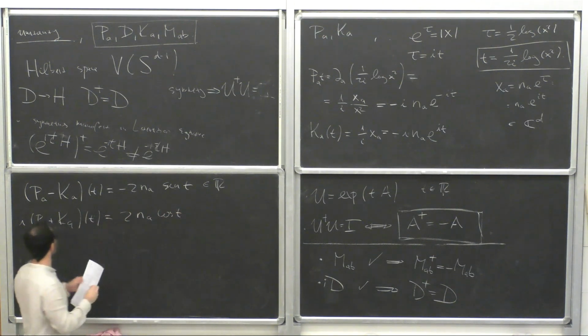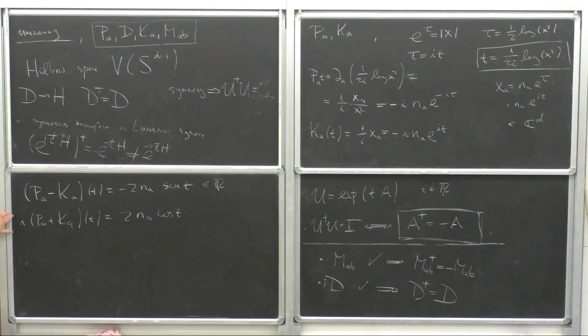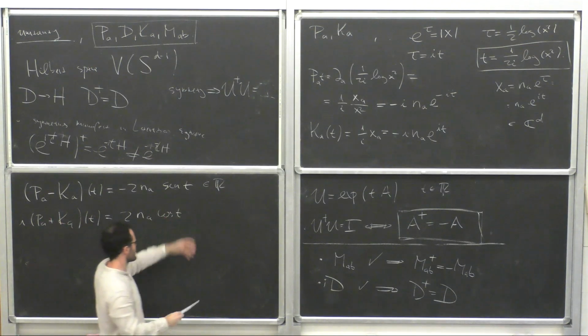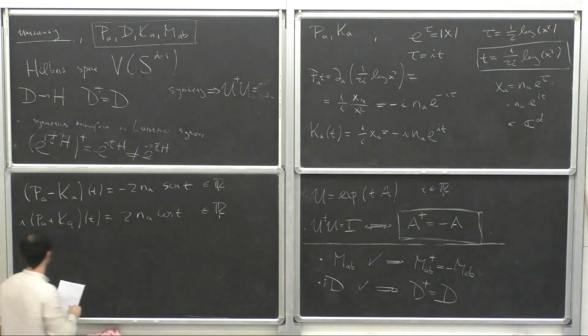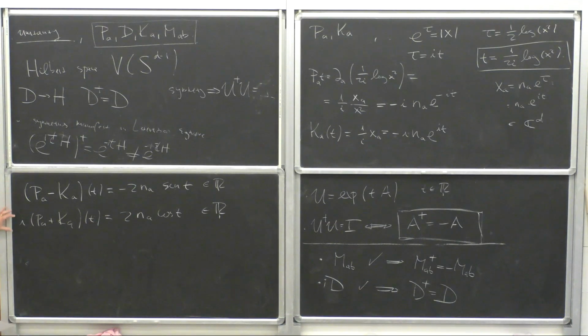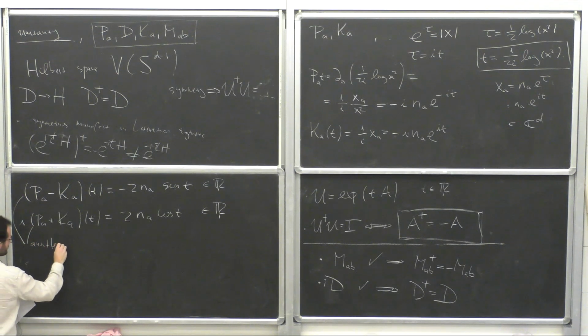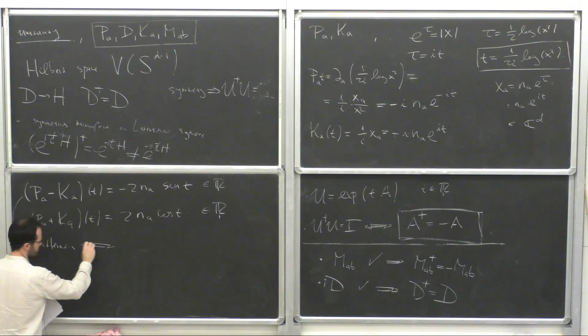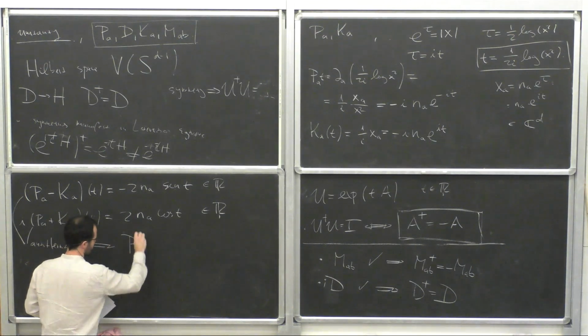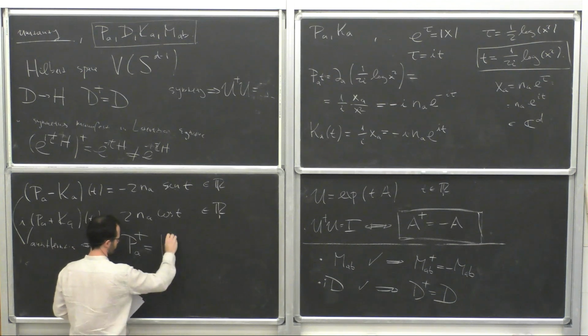So these two linear combinations of the vector fields preserve the Lorentzian cylinder, which means that both are anti-Hermitian, which is the same thing as saying that P_a Hermitian conjugate is K_a.